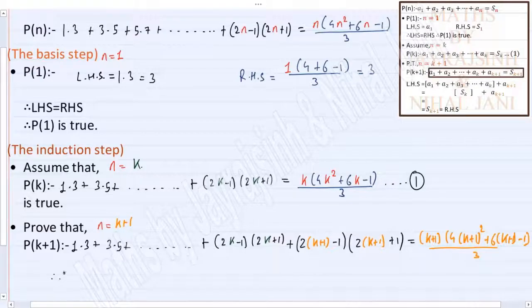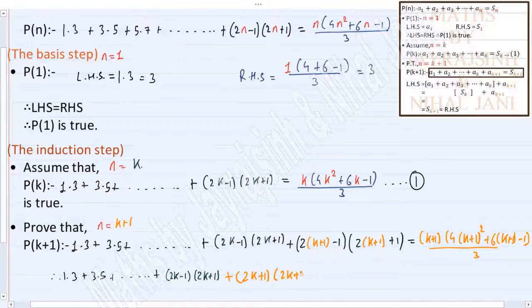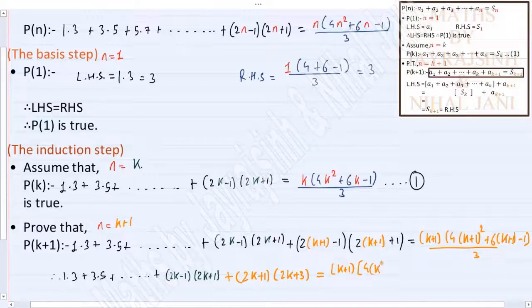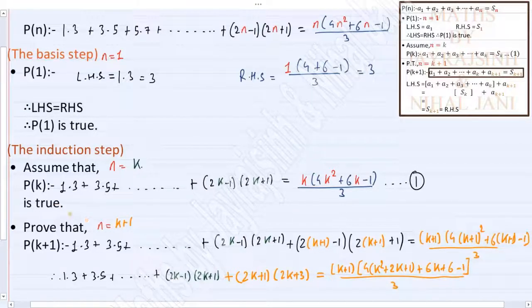Or let's simplify as 1 into 3 plus 3 into 5 up to dot dot dot plus 2k plus 1 into 2k plus 3 is equal to k plus 1 into 4 times k square plus 2k plus 1 plus 6k plus 6 minus 1, whole divided by 3.